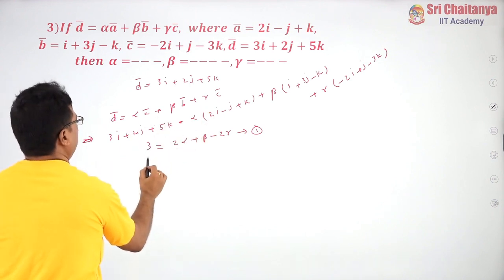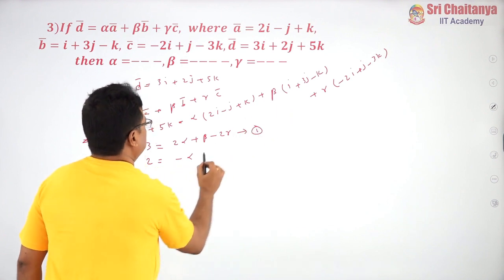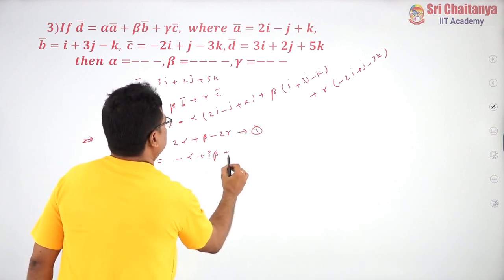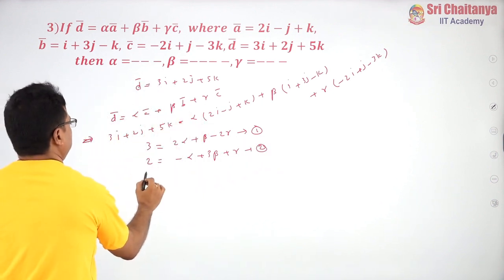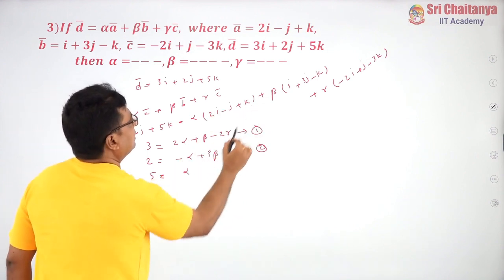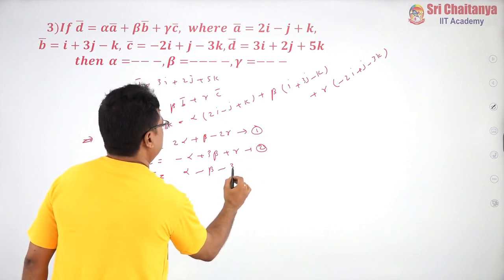Similarly, the j coefficient: 2 equals minus alpha plus 3 beta plus gamma. You call this equation number 2. And the k coefficients: 5 equals alpha, next minus beta, and minus 3 gamma.